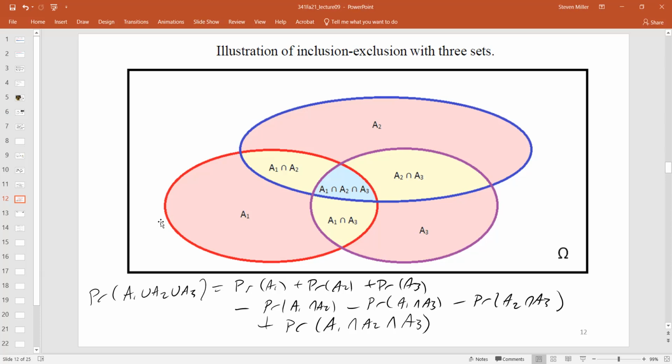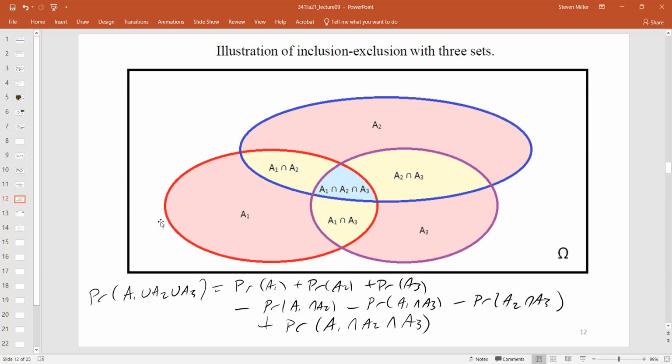I count it twice, and I subtract it once from A1 intersect A2, and then nothing else matters. So I've counted it twice, I've removed it once, good, it's a net count of 1. If it's in all 3 of them, I count it 3 times, then subtract it 3 times, and then add it back once for a net count of 1. So this proves that I've counted everything once and only once, at least for the things that are in A1, A2, or A3. If it's not in A1, A2, A3, it's not counted at all, so there's nothing to worry about.